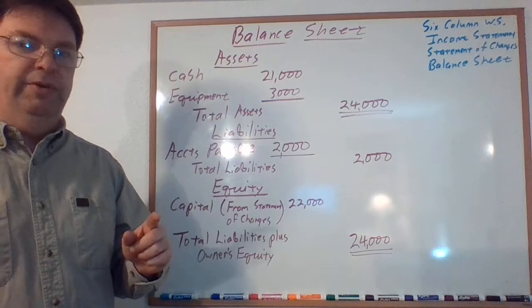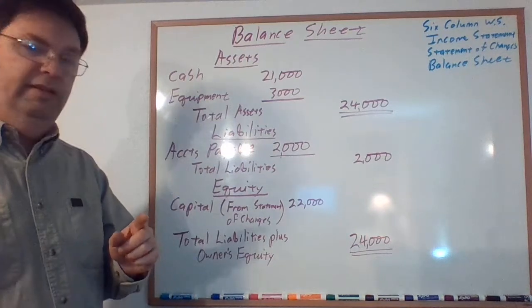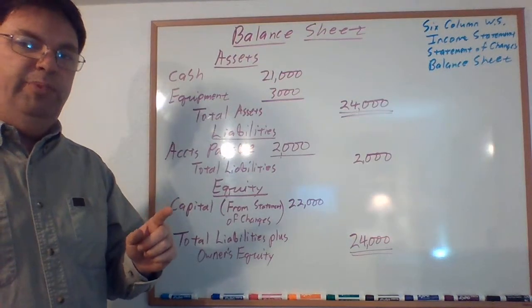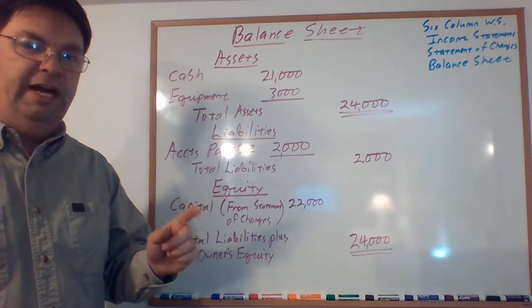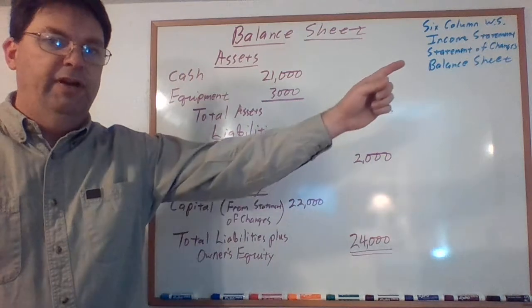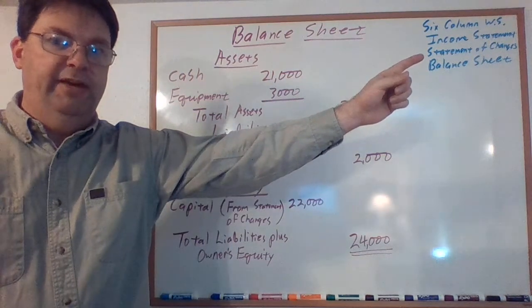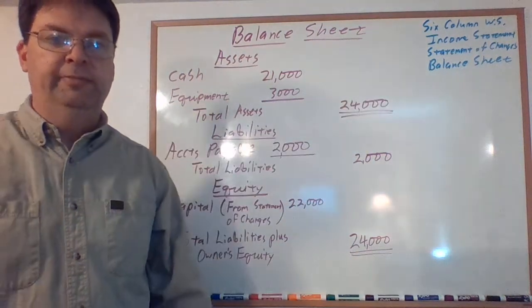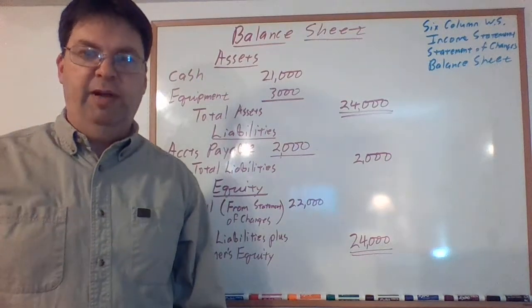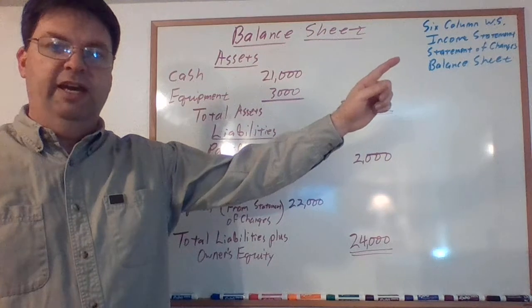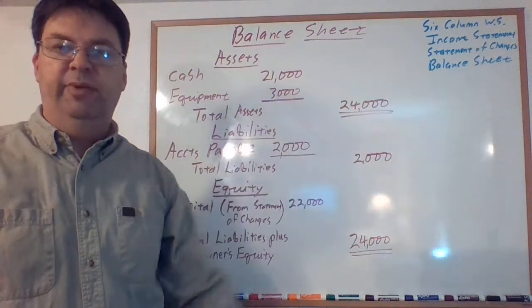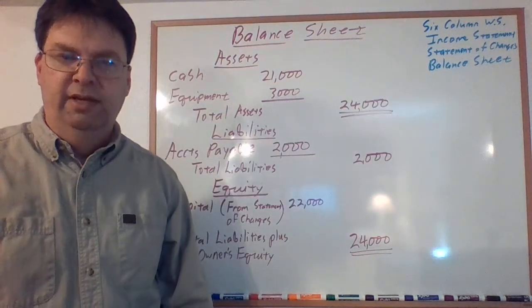So over there we go with our capital amount, and we put this in from the statement of changes in owner's equity. So you have to get this number from that document up there, statement of changes in owner's equity. It's the biggest problem I see on the Chapter 9 test. Kids will do the income statement, and then they're just like, I'm almost done, balance sheet, whew, I'm done, but somehow it doesn't balance.